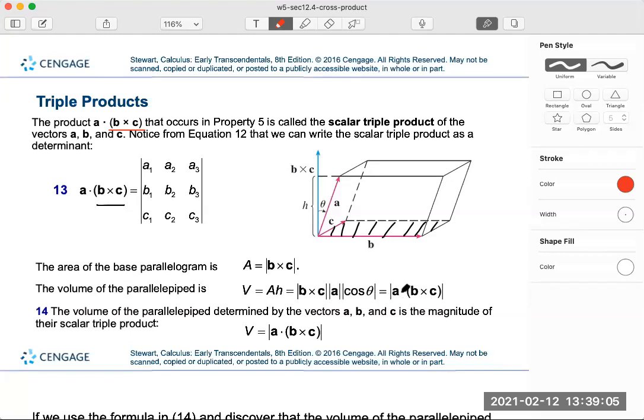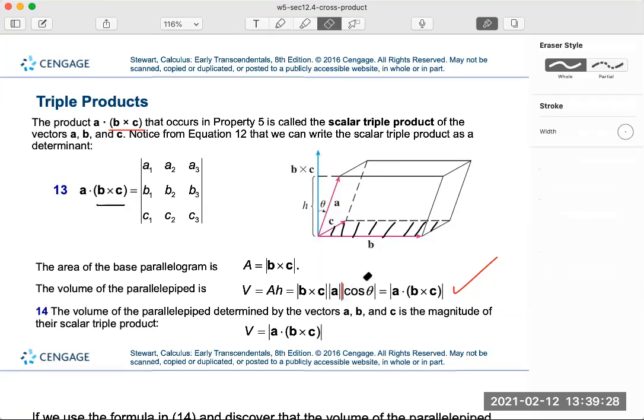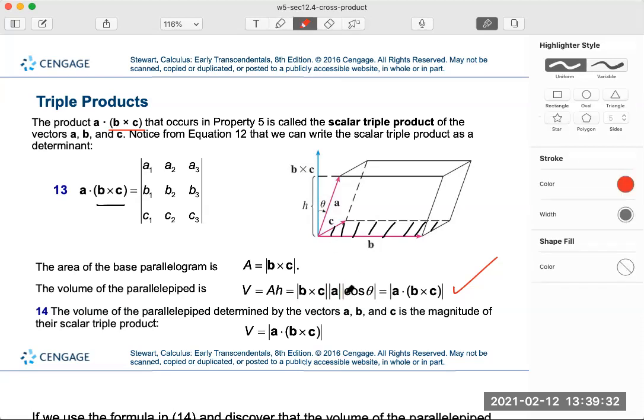So, from these properties, the volume of this parallelepiped here is given by the absolute value of this triple product. Okay? Remember here, the last one here should be an absolute value of cosine theta, because the volume is not negative, right?